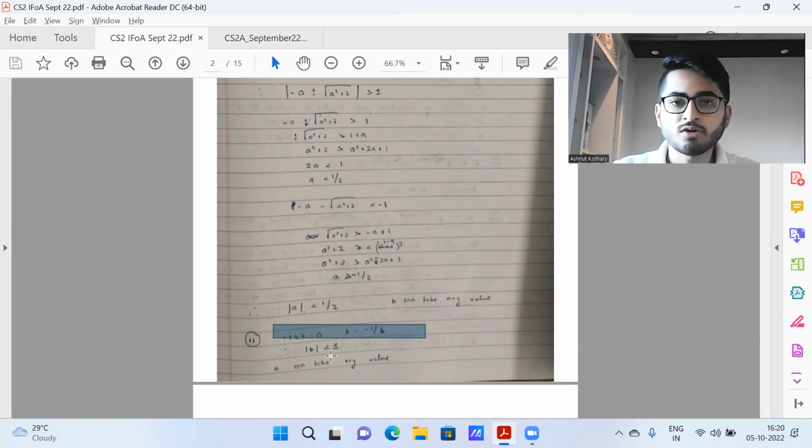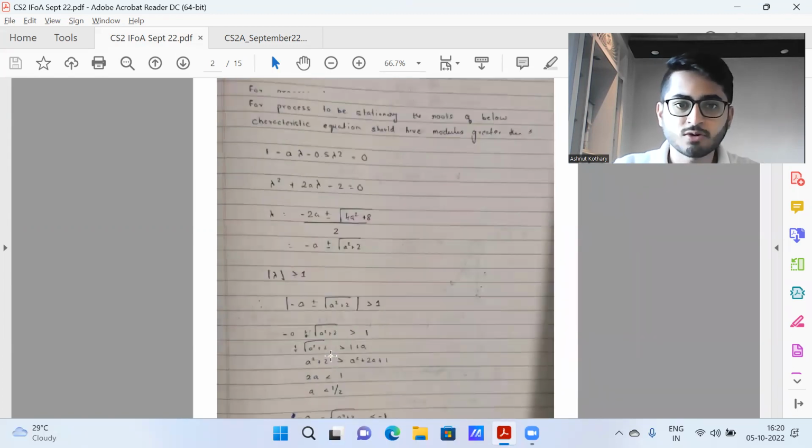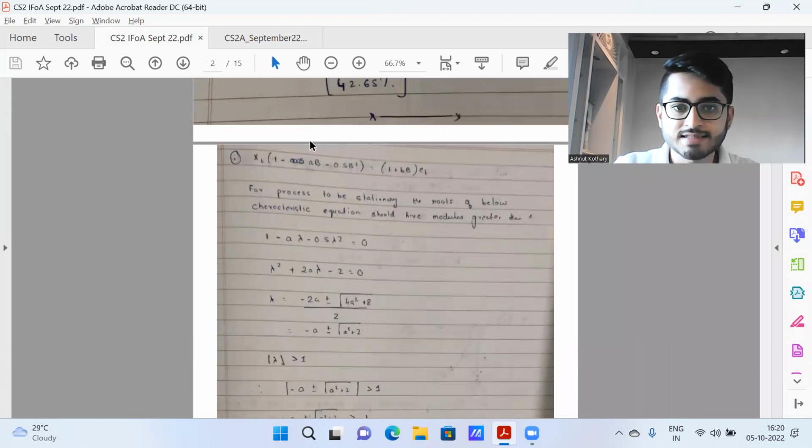For the third part, we want it to be an I(1) process. Now, for an I(1) process, lambda equal to 1 must be a root. One quick way of doing that is that the coefficients of xt must all add up to 0. If that is the case, then yes, 1 is a root of that particular equation. So over here, 1 minus a minus 0.5 is equal to 0.